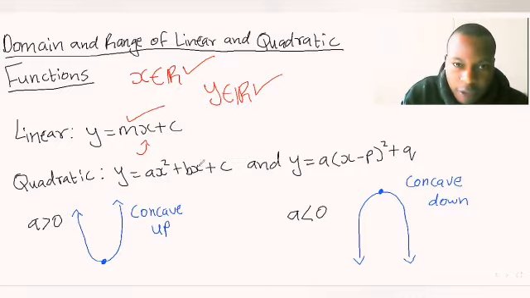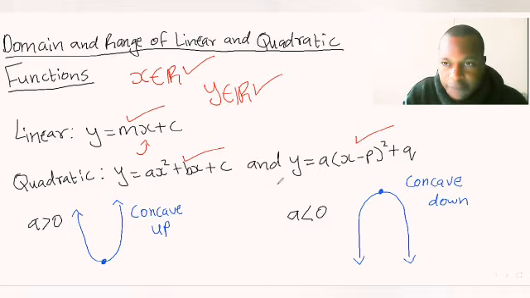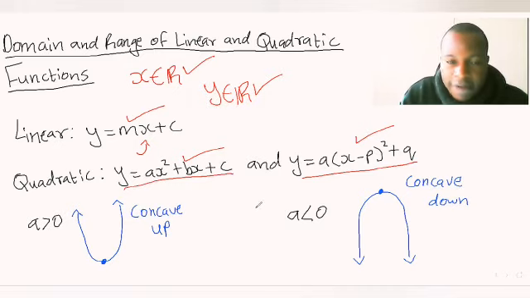Remember that the quadratic function would have the general formula, either this form over there or that other form. Remember that this would be the standard form and this would be the turning point form. Finding the domain of any quadratic function is the same as that of the linear.